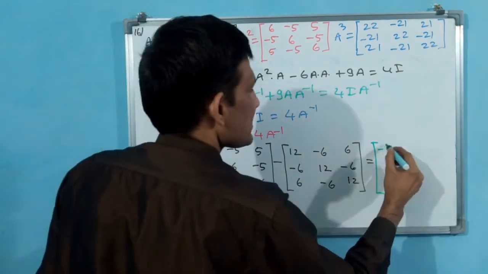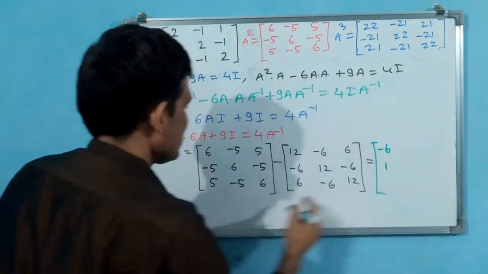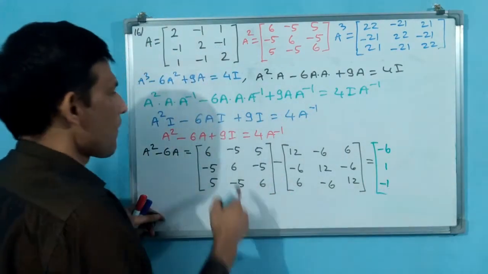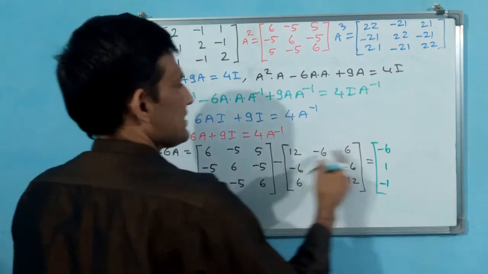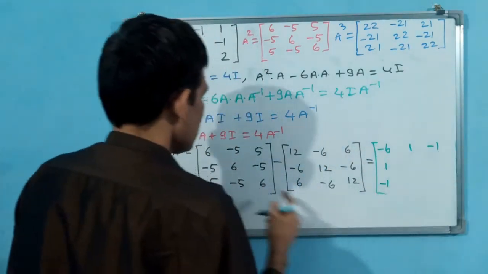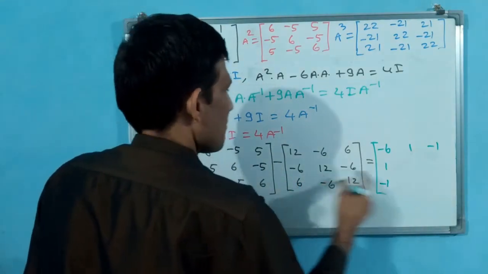6, minus 12, minus 6. Minus 5 plus 6, 1. 5 minus 6, minus 1. Minus 5 plus 6, 1. 5 minus 6, minus 1. 6, minus 12, minus 6.